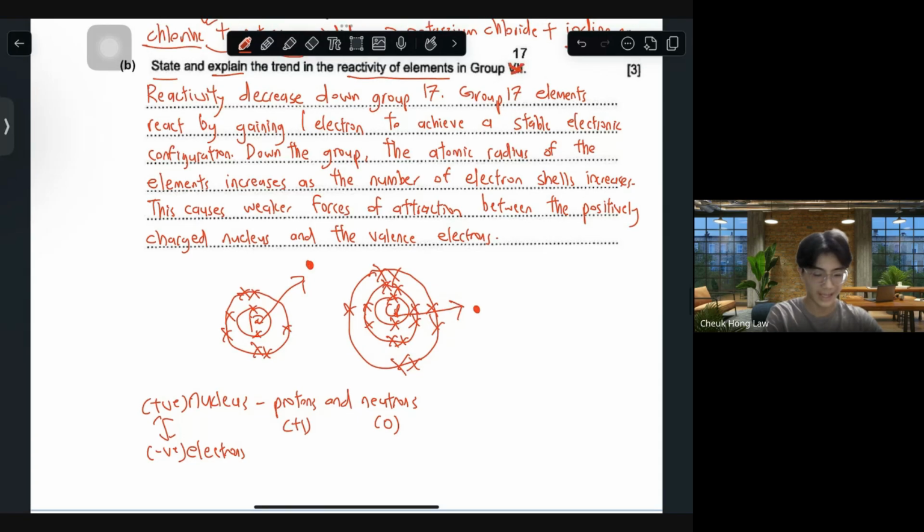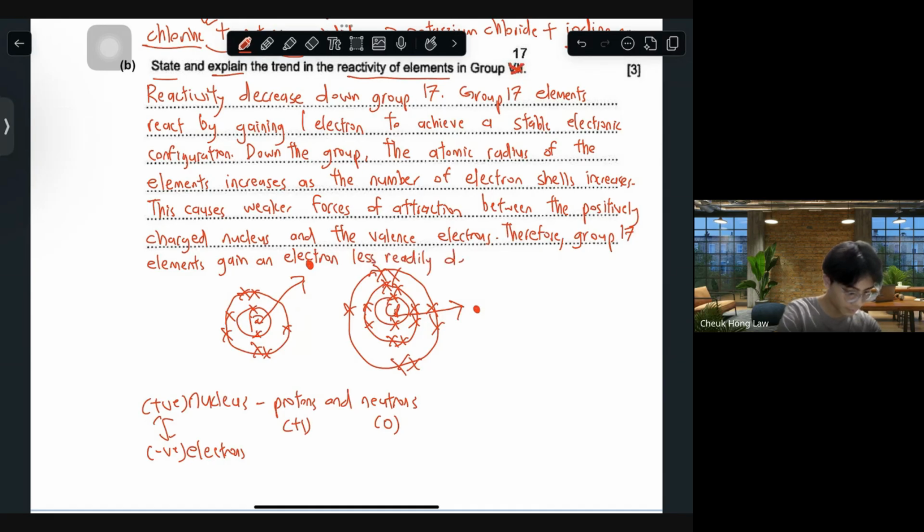They will gain an electron less readily down the group. And if it gains an electron less readily down the group, it means it is less reactive. It gets less reactive down the group.